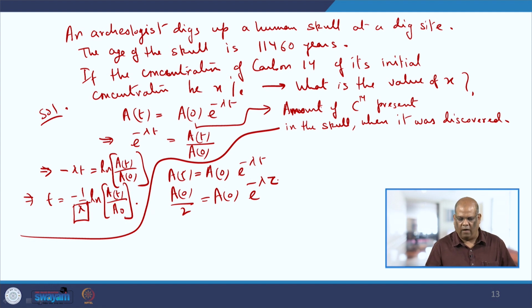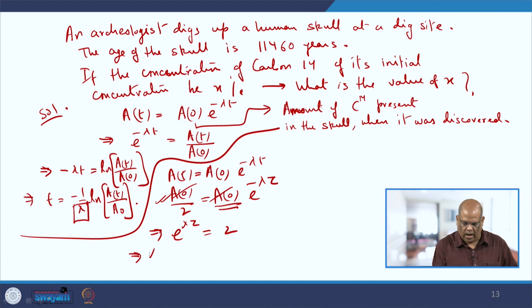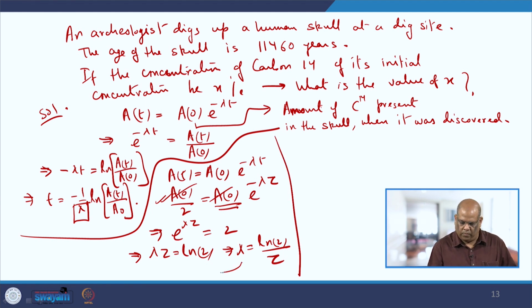So, tau is the half-life in which this initial concentration reduces to half of its size, and this will give me e to the power lambda tau equal to 2, which will give lambda tau equal to ln 2, and which will give lambda equal to ln 2 by tau. So, I will put this value of lambda here.